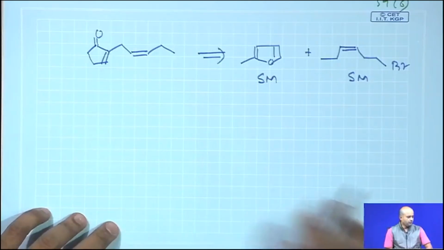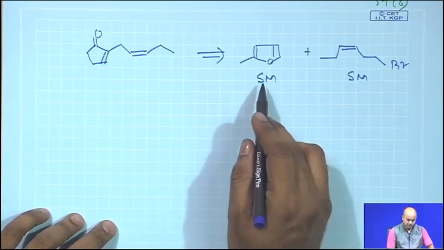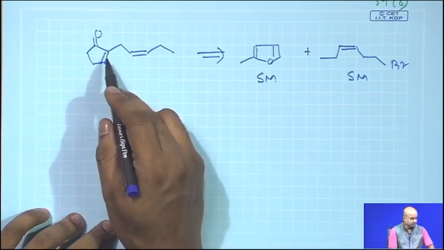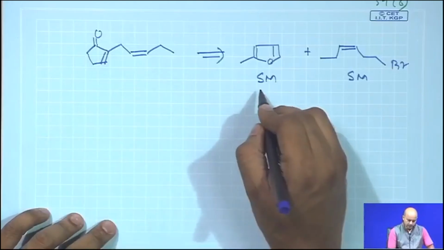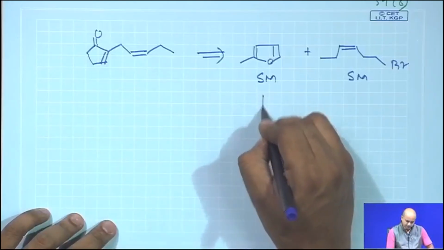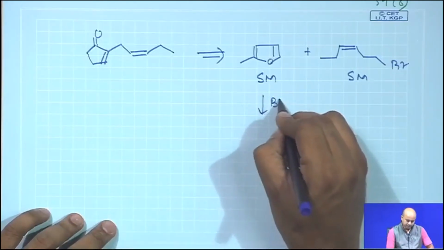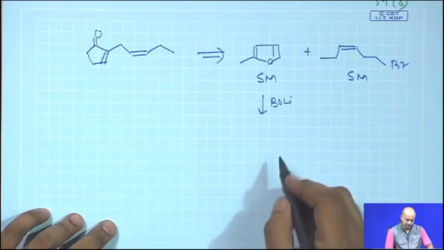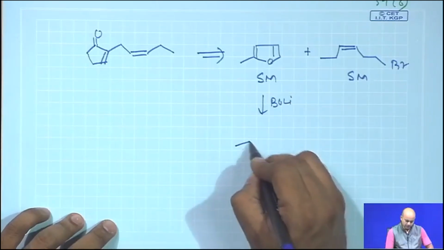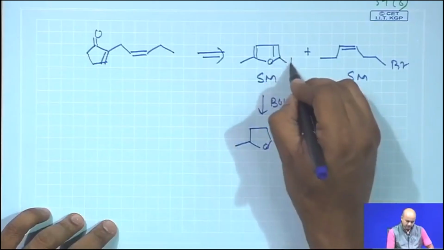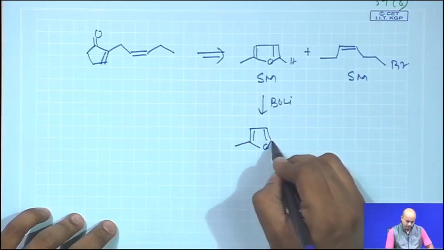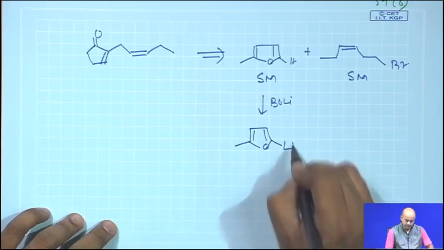Now, if you try to analyze this retro in the earlier sense, we will have the starting material. Now, this starting material, if you react with butyl lithium, the furan's acidic hydrogen is first removed and gives a lithiated species.